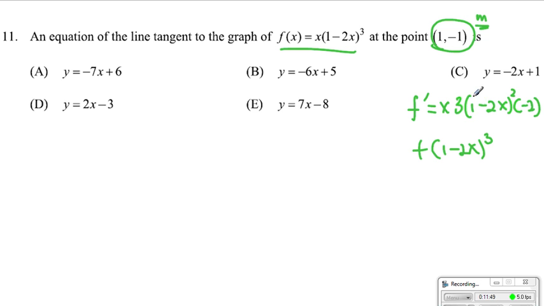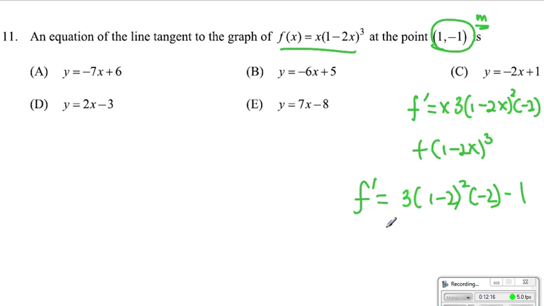And once you plug in 1 comma negative 1, in this case you can only put 1 in place of x's. What we end up getting is f prime, the slope, now becomes 3 times 1 minus 2 squared times negative 2, minus negative 1 to the third power, which is simply negative 1.